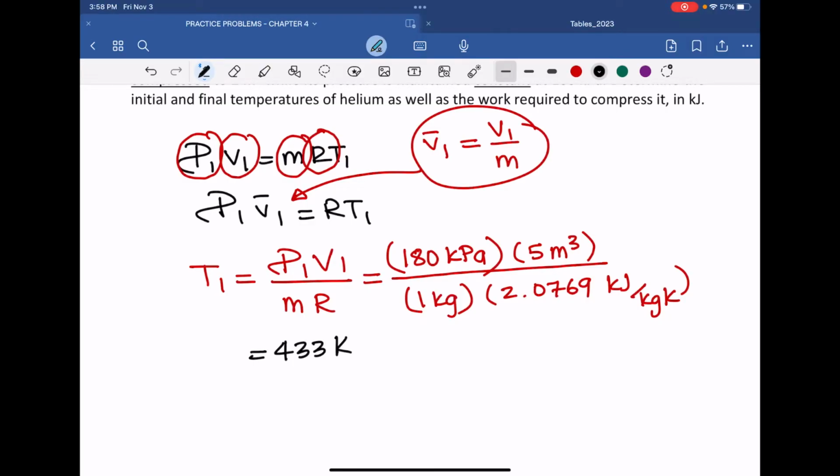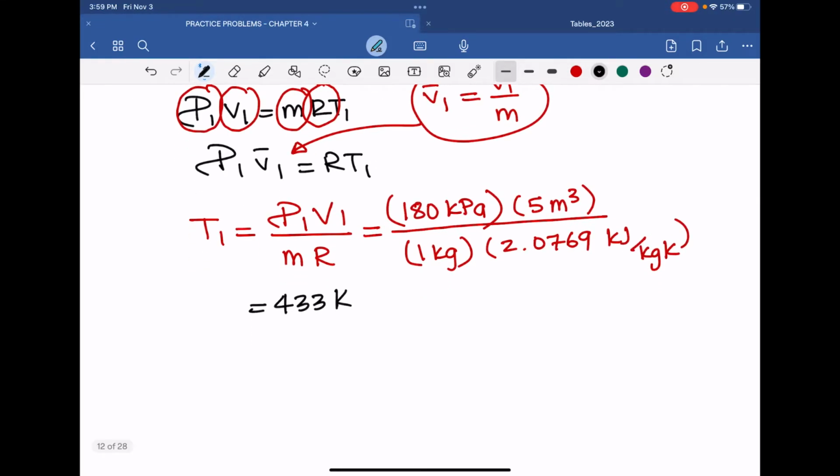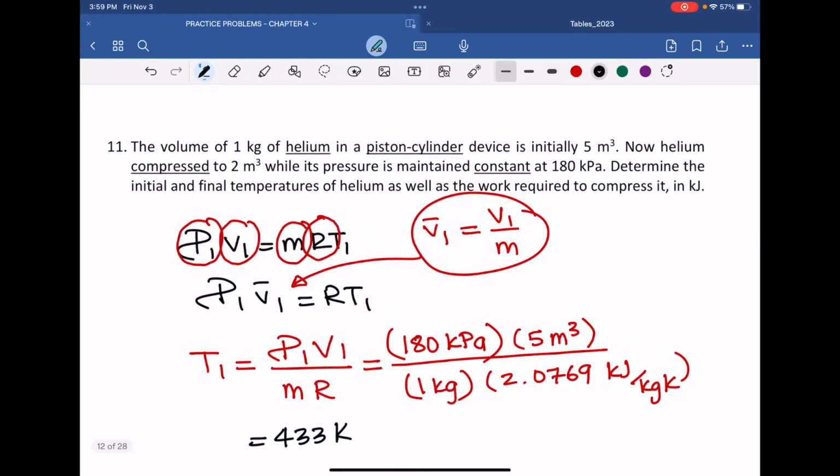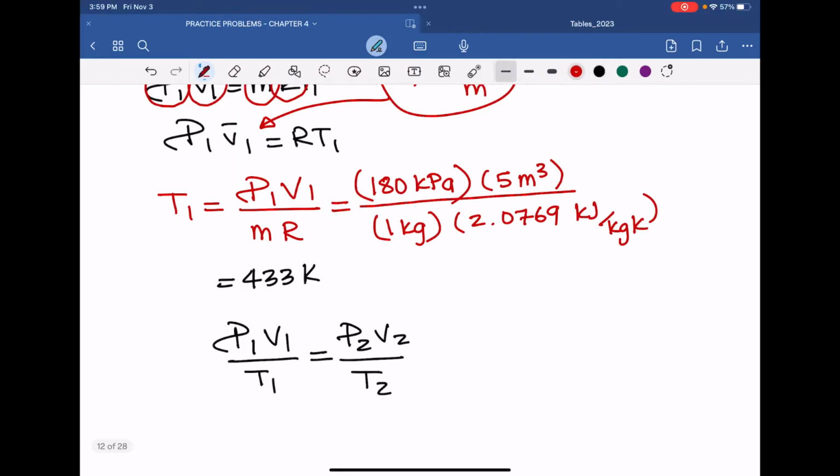Now the second temperature is, again, remember the relation: P1 V1 over T1 is equal to P2 V2 over T2. And here the pressures are the same, therefore we can cancel them.